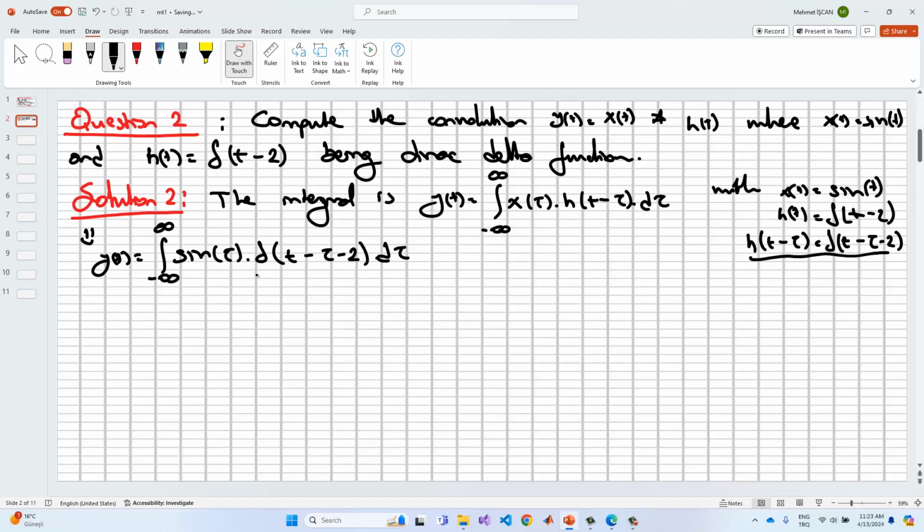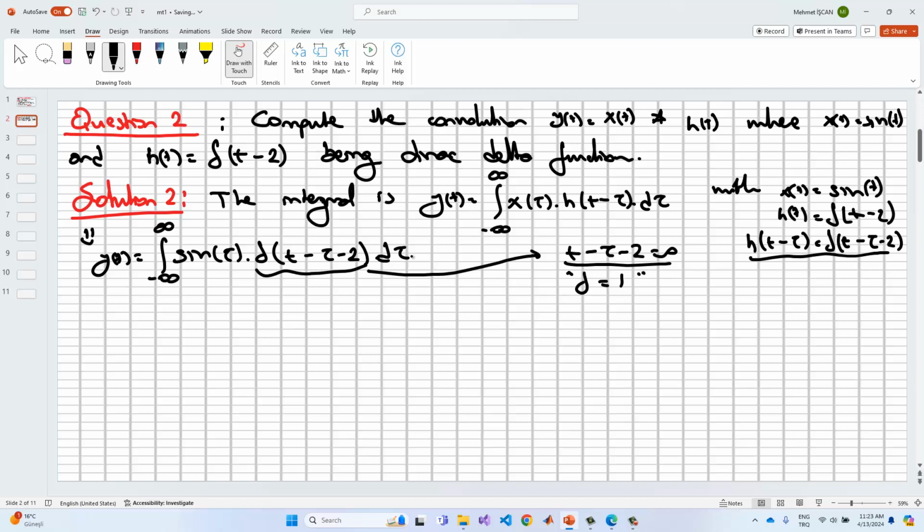The importance of the Dirac function in this equation is that we just remove the integral term, because this function returns 1 when t minus tau minus 2 equals 0.